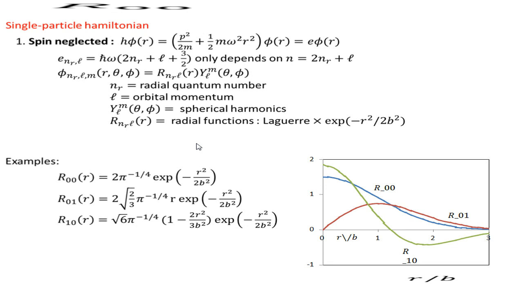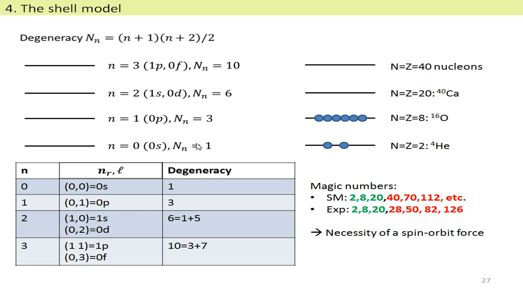So you have here R over B, and these are the wave functions. So this is the S shell orbital, which is a Gaussian, and you have different excited states, 0, 1. So 0 node L equals 1, node L equals 0, and so on. So this is something which is rather well known.